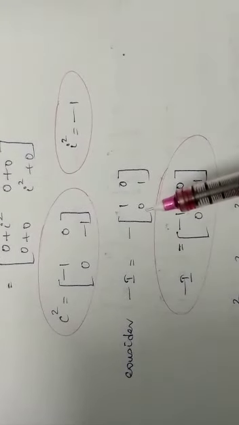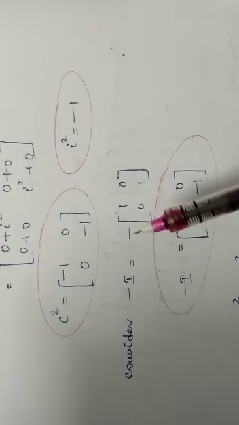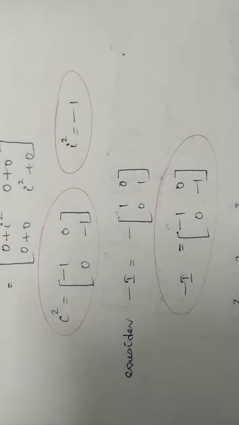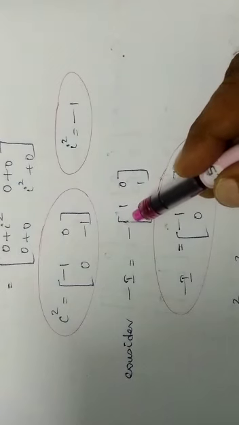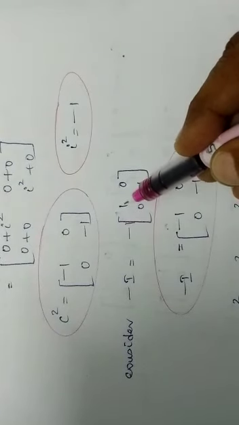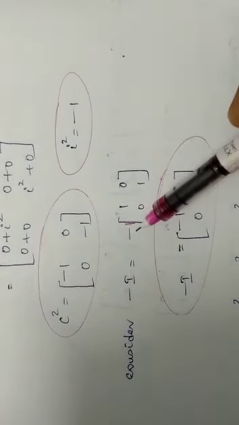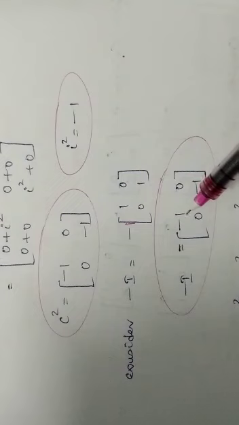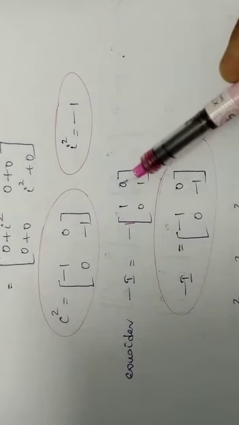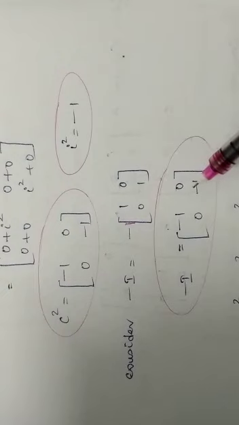Scalar multiplication, we know how to multiply a scalar to a matrix. Minus means its coefficient is 1. Multiply minus 1 to this matrix. Minus 1 into 1, minus 1, minus 1 into 0, 0, 0, minus 1.